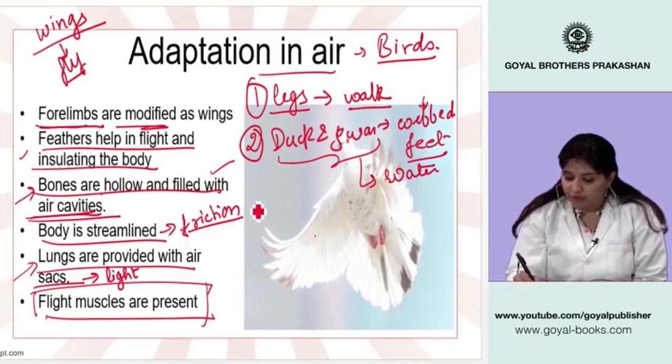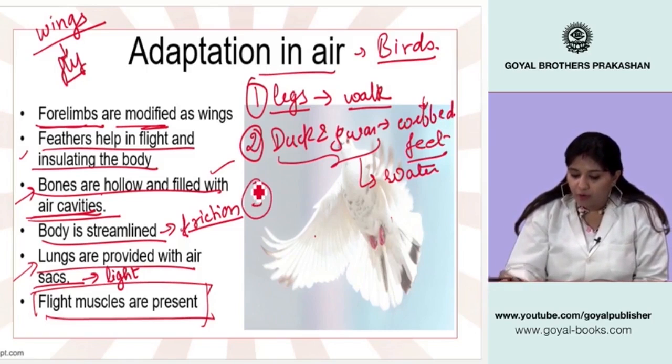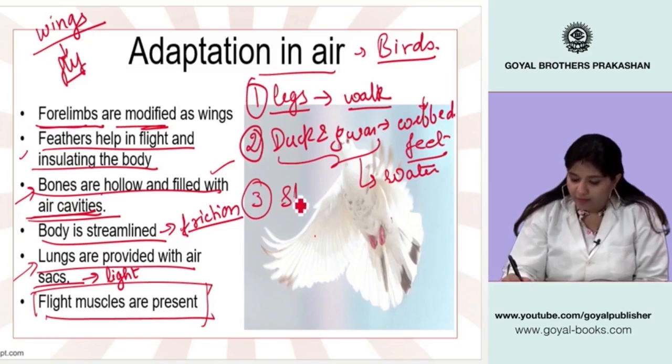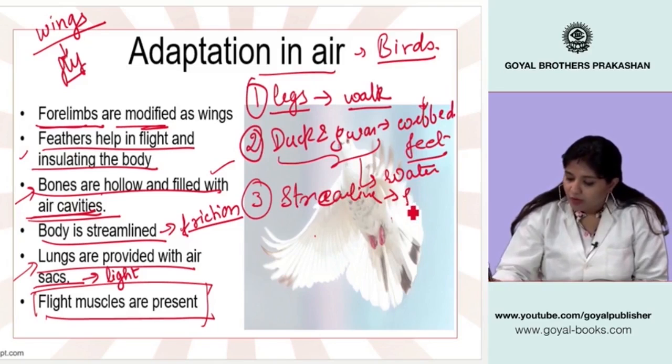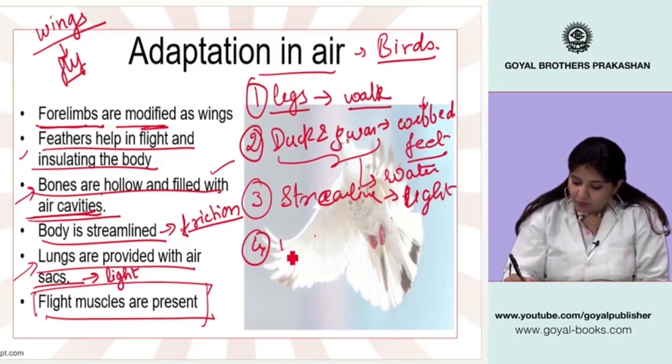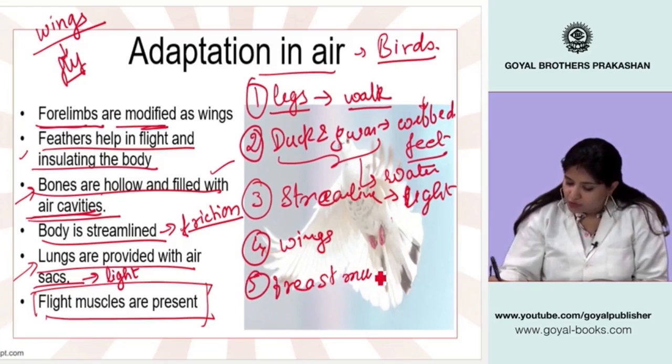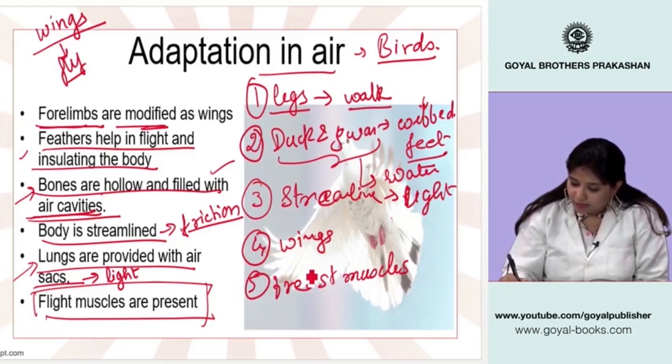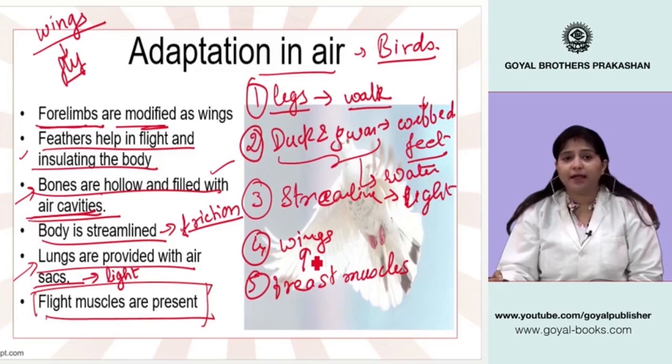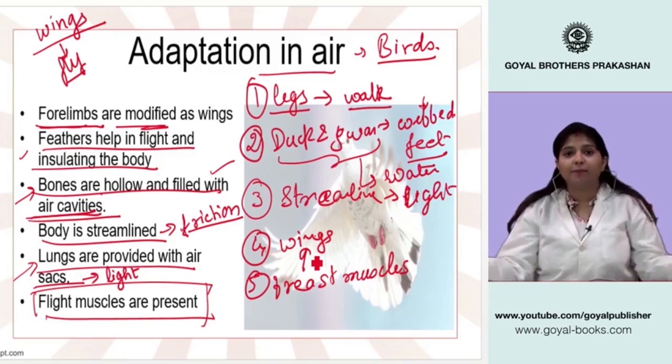Apart from that, like I have already told you, the body of the bird is streamlined and light, which helps them in flight. Then the forelimbs are converted into wings. Then they have breast muscles, which are really strong muscles which help them to fly. These muscles are attached to the wings and help in the pushing and pulling of the wings.